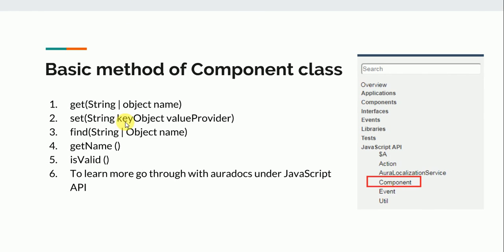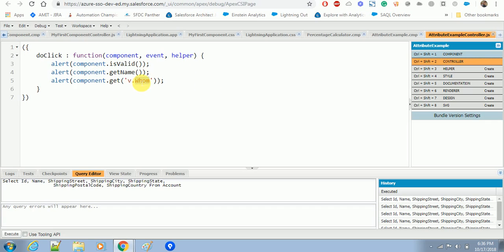The set method is basically used for setting the value for any attribute or any object that we have defined in the Lightning component. For example, if you wanted to set the value for the v.home attribute, we can just use component.set, and component.set takes two parameters. The first is the key, which is the attribute.